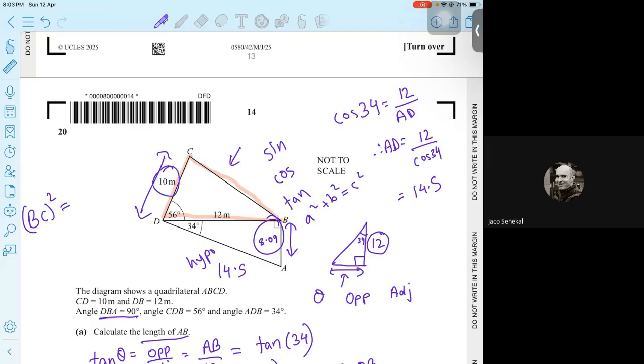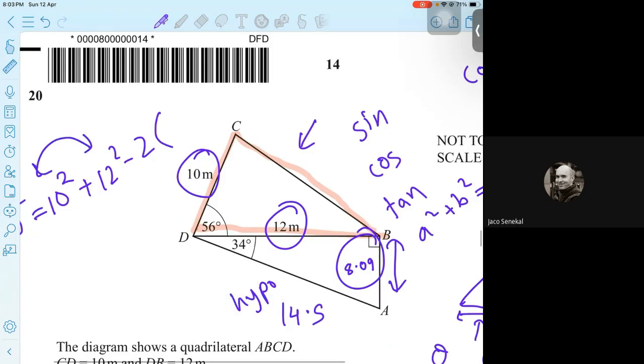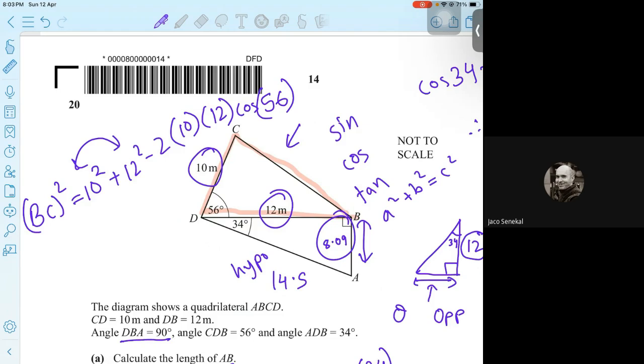So 10 square plus 12 square. And then we subtract 2ab cos c. So basically minus 2 times the same two sides again, so 10 into 12, and then cos of the angle, right? 56. Do any of you have any questions with this?